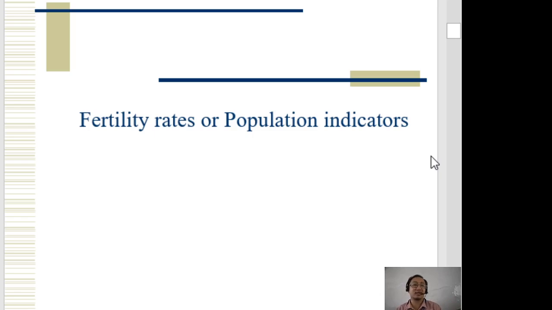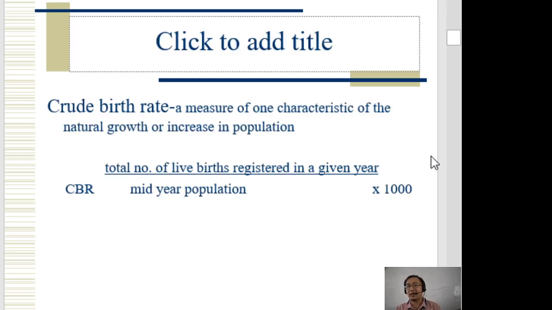Of course, it's the women who are usually accounted for being fertile, or having the capacity of fertility, and so they are also studied. So let's have the first fertility rate or population rate.